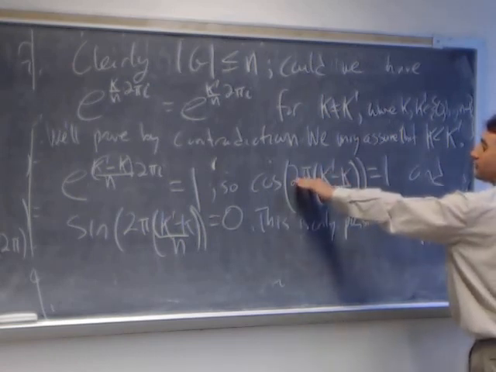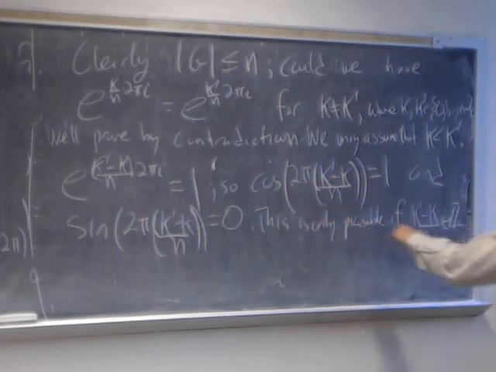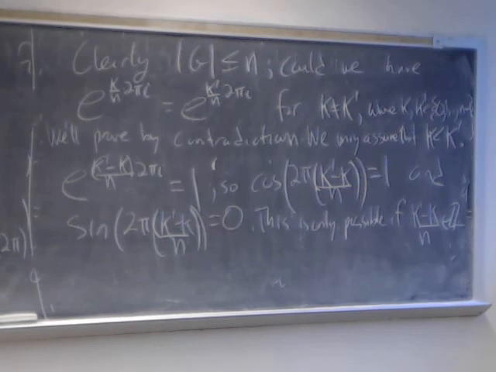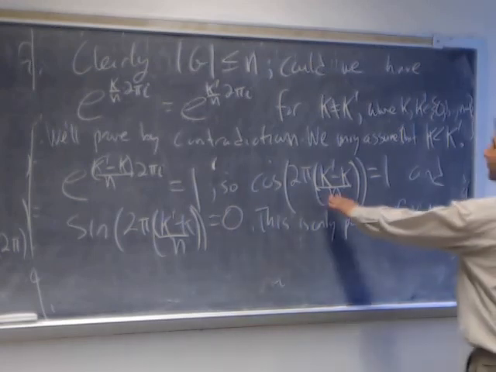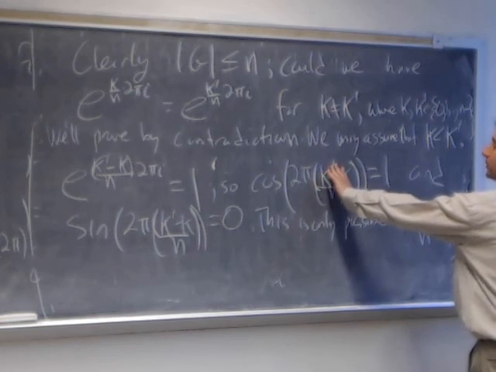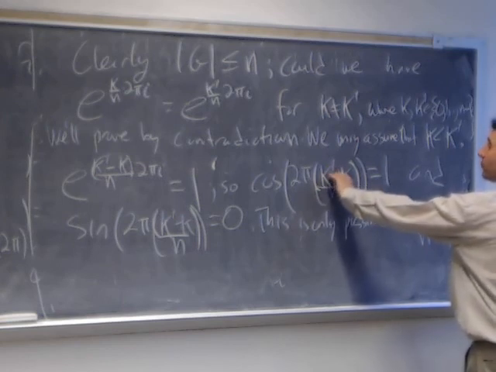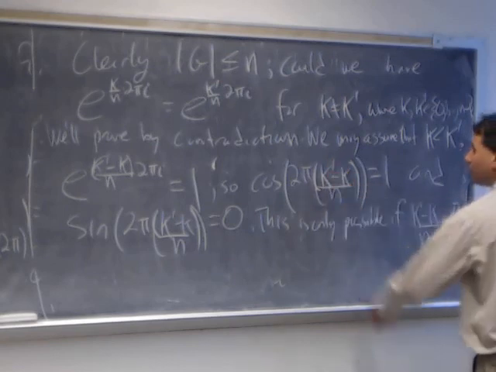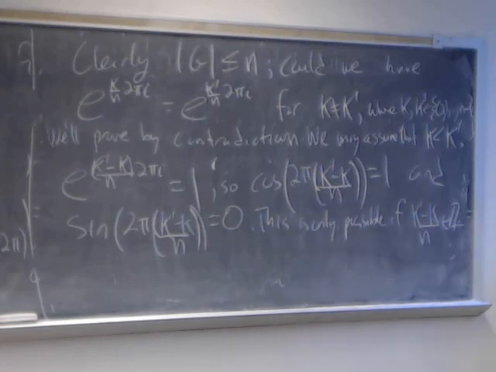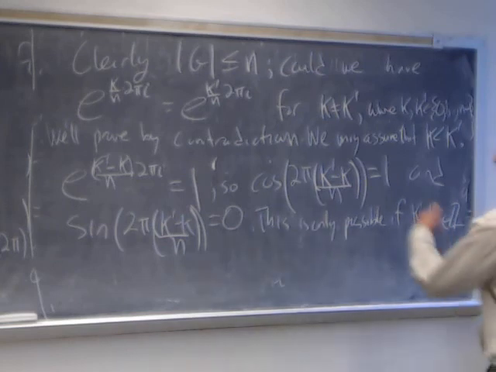So it could be pi, or integer representations with fraction part equal to 1/2. So this is only possible if you have this being 0, plus or minus 1/2, plus or minus 1, plus or minus 3/2, plus or minus 2, plus or minus 5/2, plus or minus 3, etc.